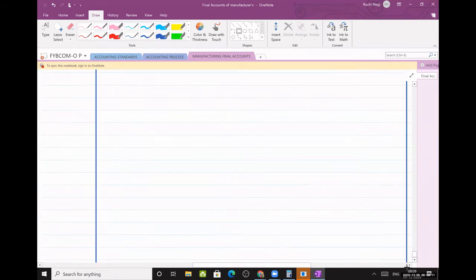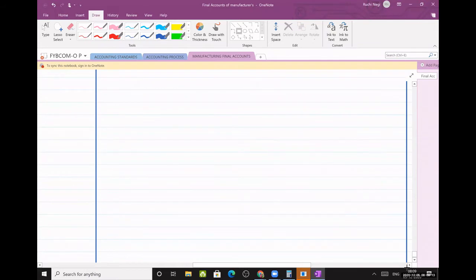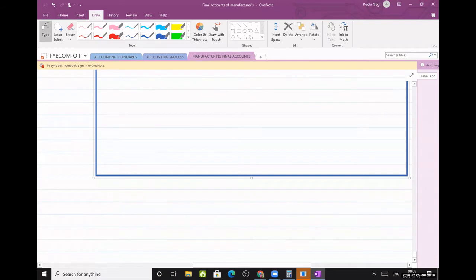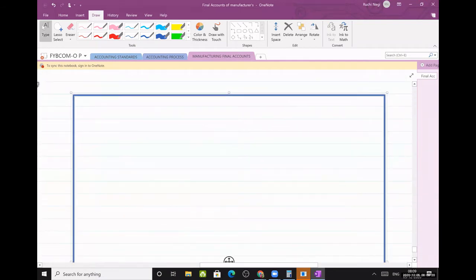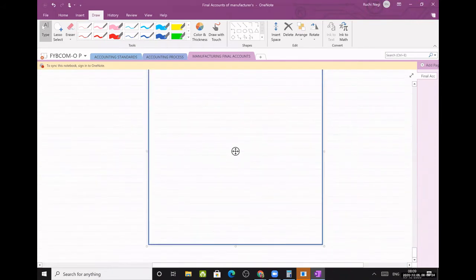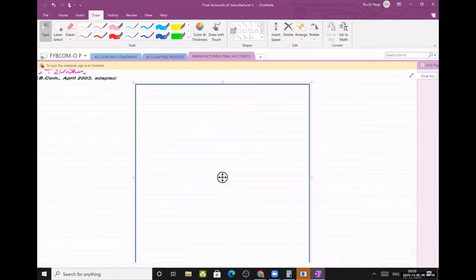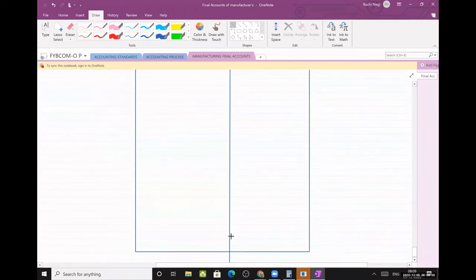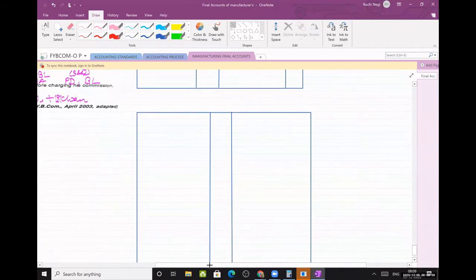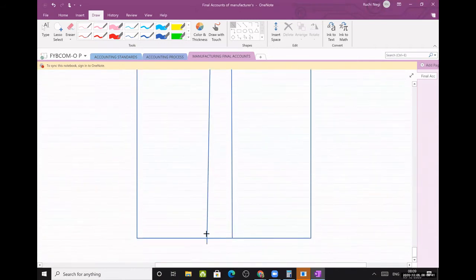Trading and P&L, how they are made together. If you want, you can make two columns of amount. You can make just one column of amount, and then write the figures in one amount.